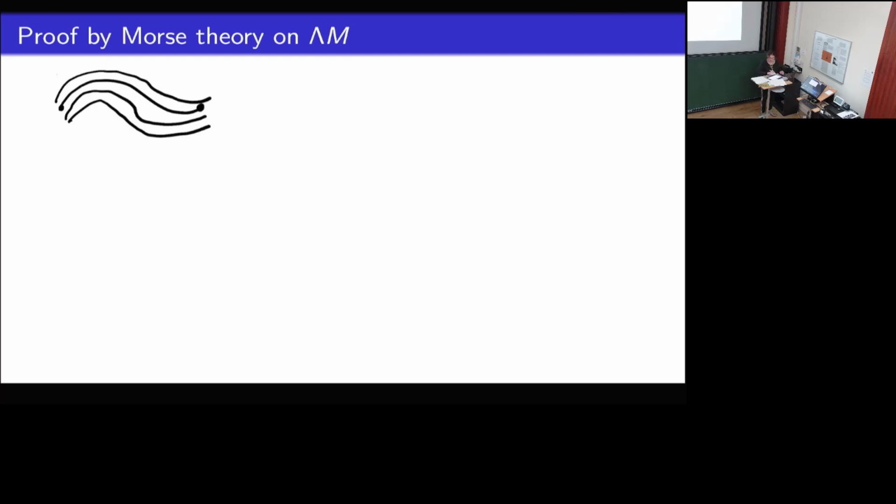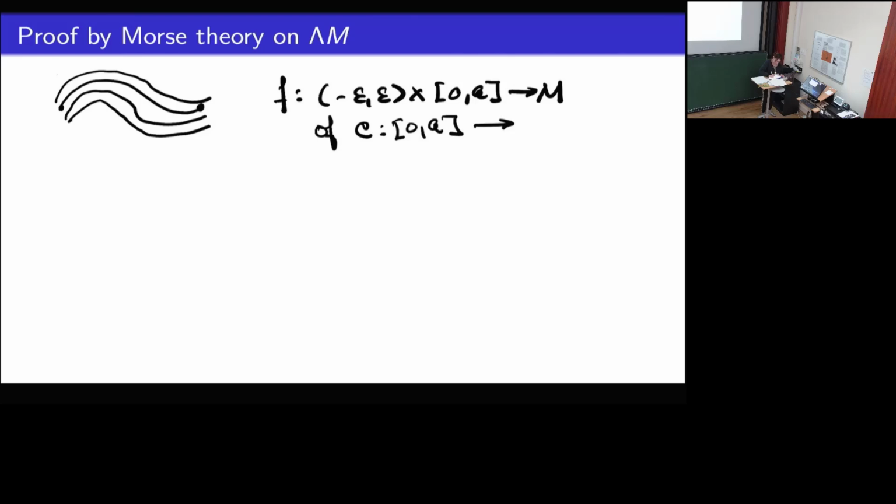So a variation is going to be something like a function of our curve C.